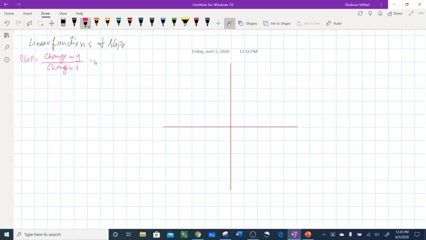We also say change in y means rise over run. That's vertical and that's horizontal. This one goes vertical, rise, because I'm rising like that. So that's vertical, and this is horizontal.